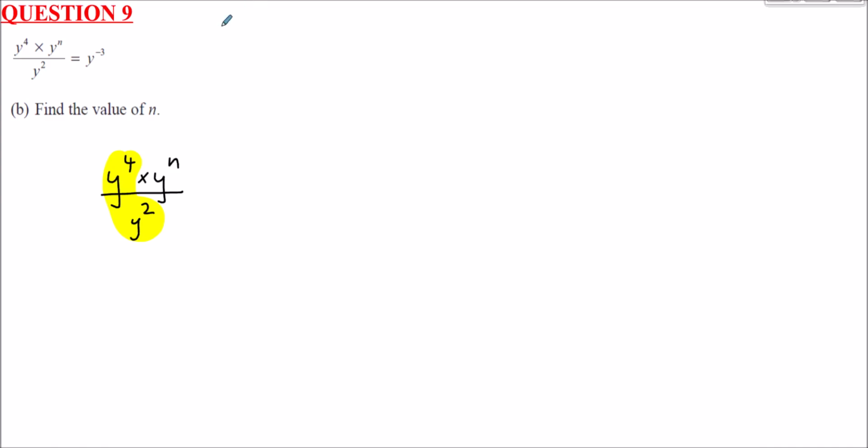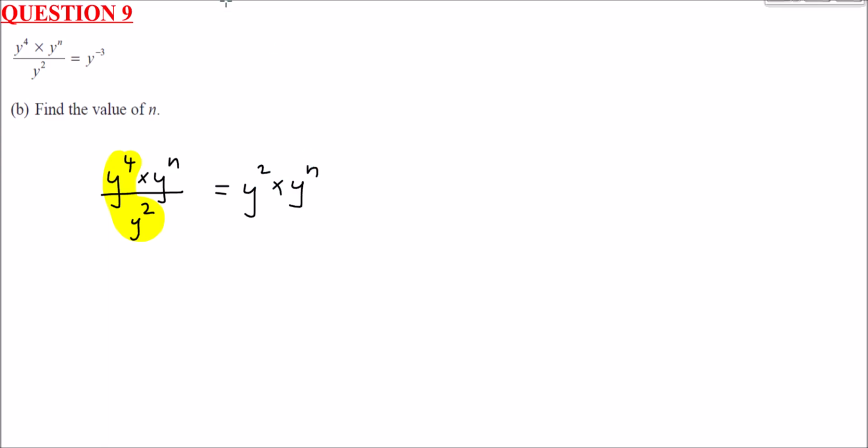And if we divide, the base values are the same, we simply subtract the powers. And so 4 minus 2 will leave us with y squared. And the y to the power n is left as it is.